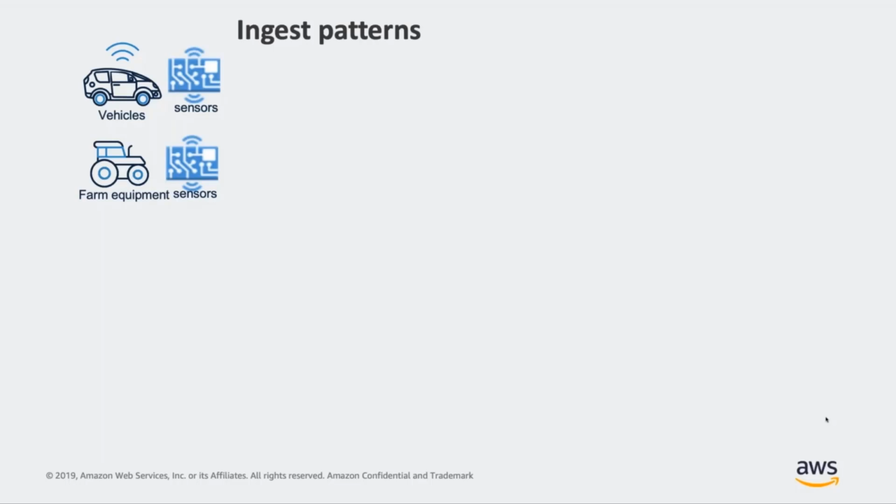These have lots of sensors deployed on them. These sensors talk to something called a telematic unit. The communication between these sensors and the telematic unit is generally carried out through wired connections. So all these sensors are physically connected to a telematic unit.